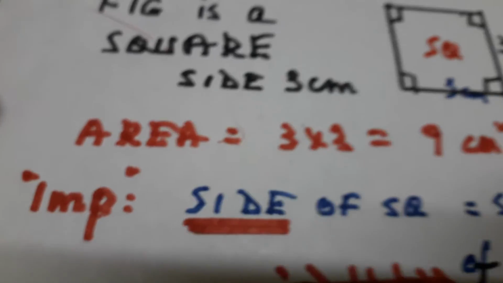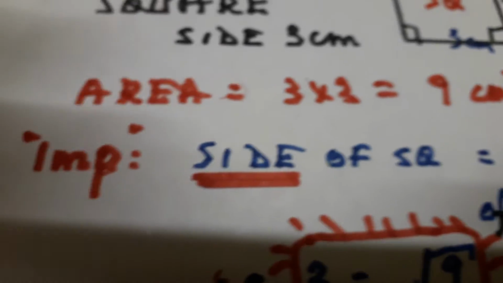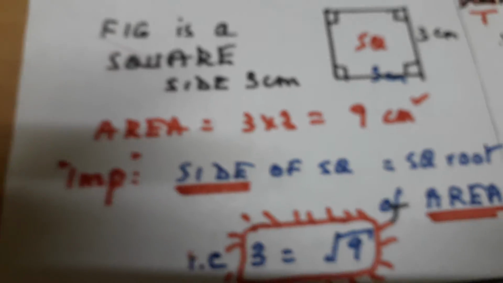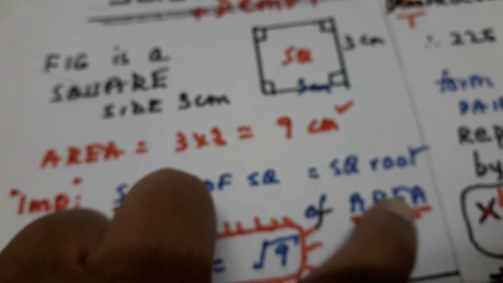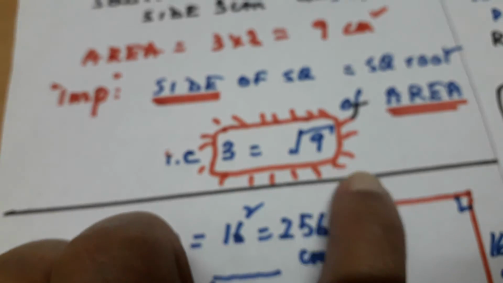Coming back here, the area of the square is again 3 into 3, 9 centimeters squared. Now, let's come to the idea of square root. This is a picture form of a square root which you must have in your mind. The side of the square is equal to the square root of the area. Got it? So that means 3 is the square root of the area.